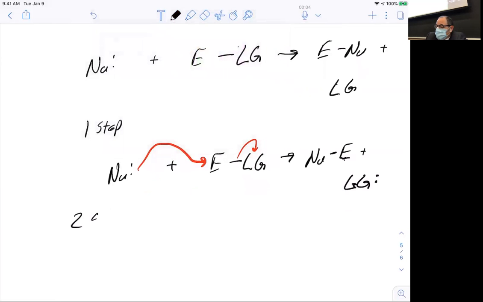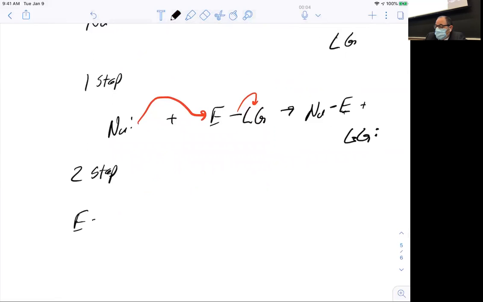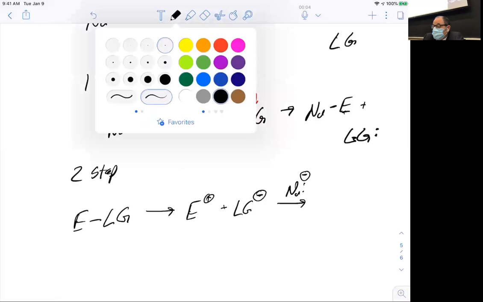Or is it a two-step process? In this case, the electrophile and the leaving group separate in a first step, creating the electrophile plus the leaving group, and then the nucleophile coming in, and let's go ahead and make it negative just so we can balance that all out.